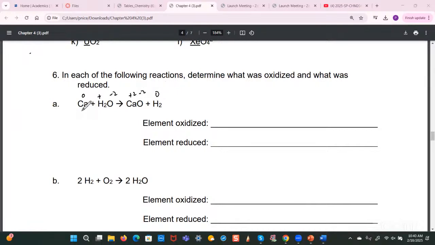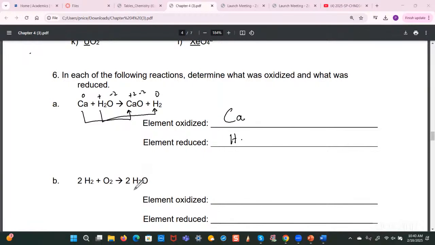So obviously, calcium is experiencing an increase in oxidation number. Therefore, calcium is the substance being oxidized. And as far as the hydrogen is concerned, it is experiencing a reduction in the oxidation number from +1 to 0. So therefore, it is the hydrogen that is undergoing reduction.